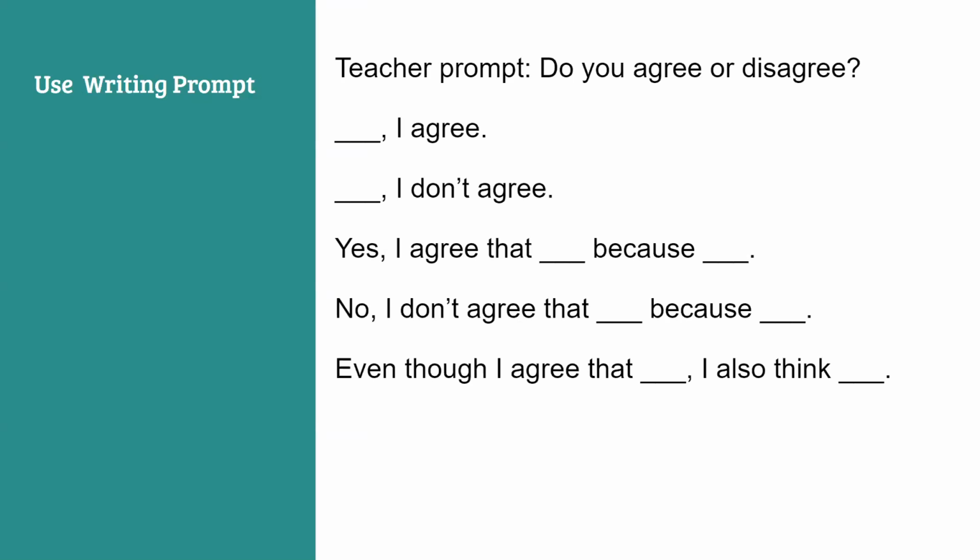After giving that question stem, you can now give them the sentence stem and allow them to pick one of those. Do they agree? Yes, I agree. No, I don't. Yes, I agree that blank because blank. So we're allowing students to have a structure in order to answer, and that is helping our students and allowing for us to modify it and check for understanding at the same time.